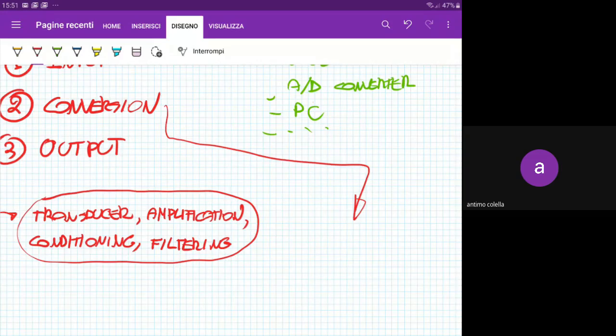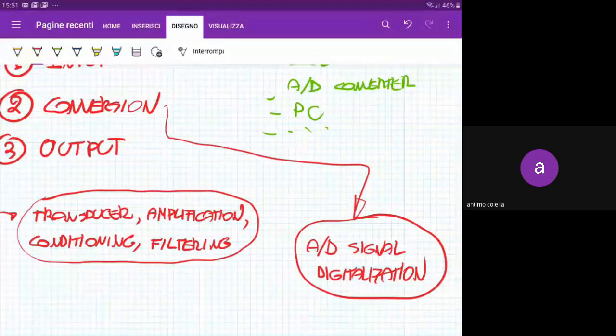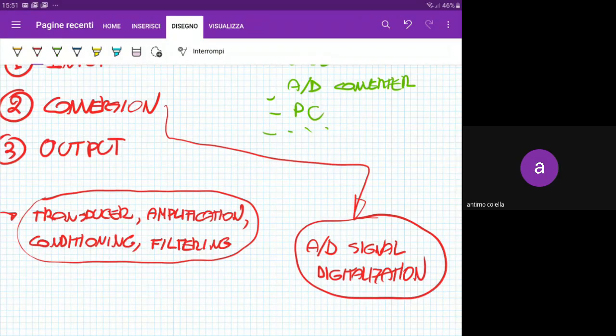So we have the analog to digital signal. There are many problems and properties that we can consider when referring to this stage of your data acquisition system, and we will see that.